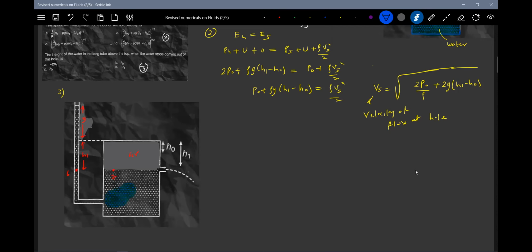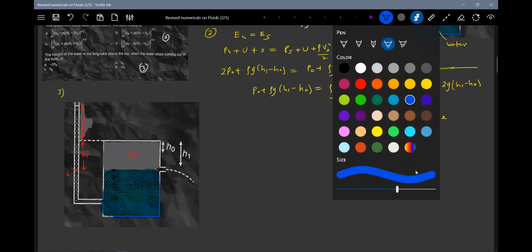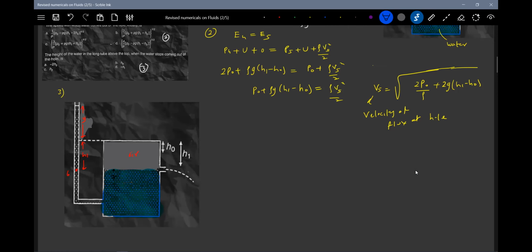You have to construct a diagram of this kind. It will be very easy. Now write the equation. You'll get the answer rather than fighting in the question. So if you can imagine this, I think you'll be in a better position. Now the water stops coming.